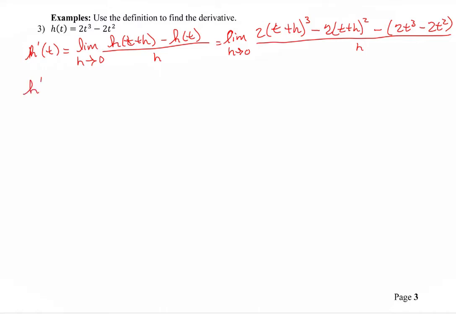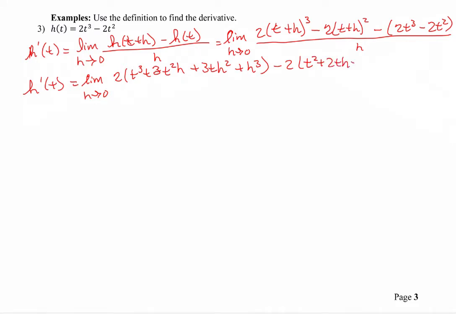So script h prime of t equals the limit as h goes to 0 of 2, and we found this above, (t cubed plus 3t squared h plus 3th squared plus h cubed) minus 2 times (t squared plus 2th plus h squared) minus 2t cubed plus 2t squared, all over h.